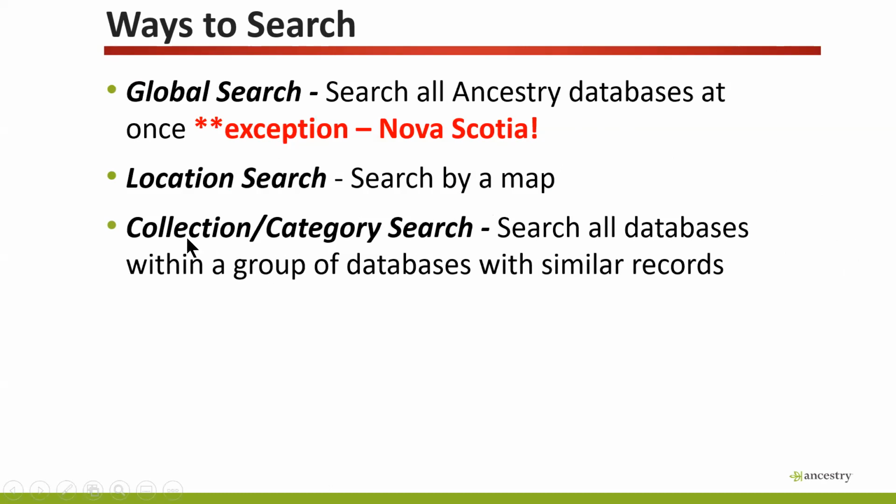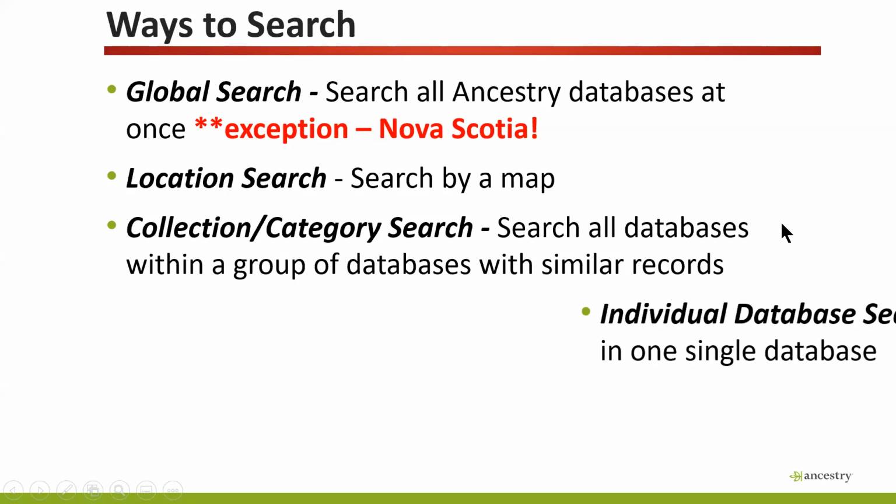You can also go to a collection or category search where you search all the databases within a group of databases with similar records, like censuses, passenger lists, or immigration records, directories, that kind of thing.